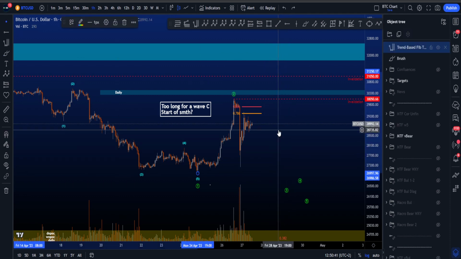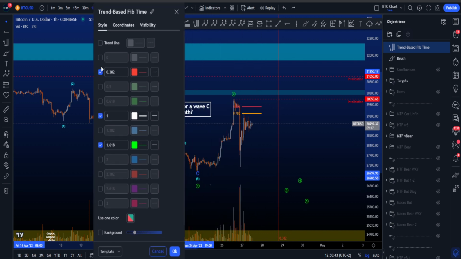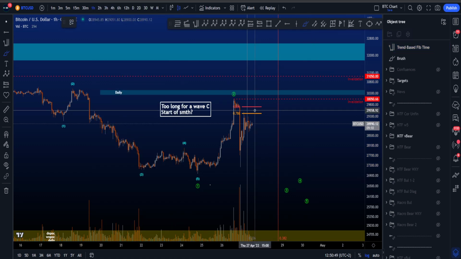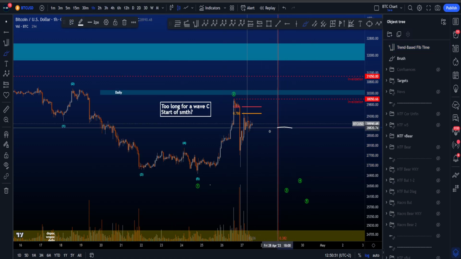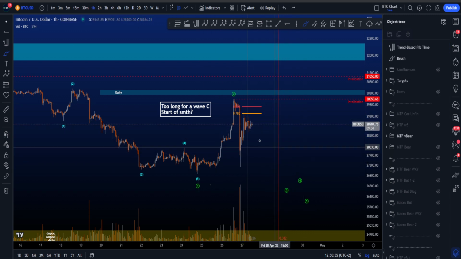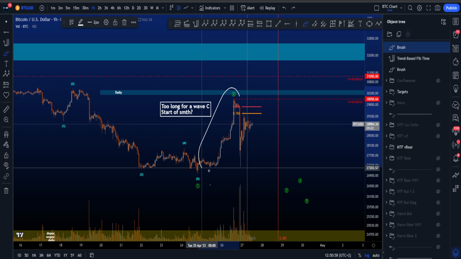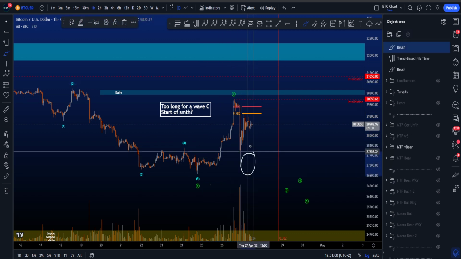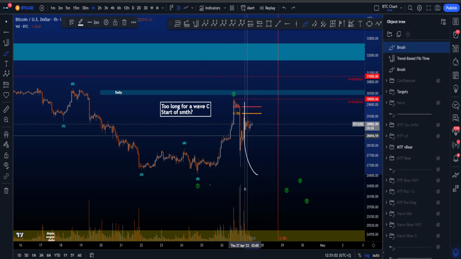As I've spoken about in previous videos, the 0.236 is a very, very rare target for a wave 2 in time. So usually the wave 2 scenario takes till the 382, and over here this wave 2 finished even before hitting the 236, which is the gray line that you see on the chart.